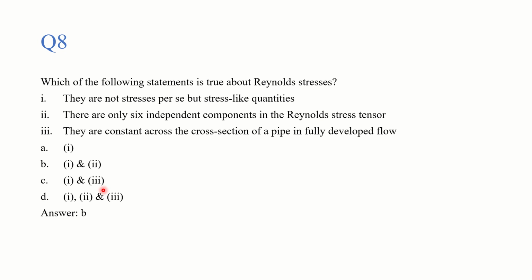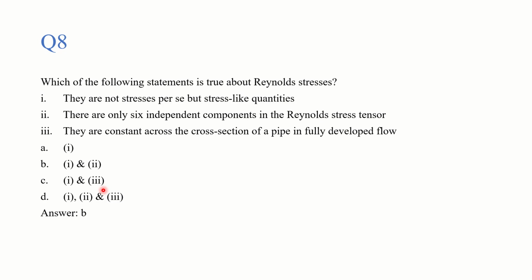When the Navier-Stokes equations are decomposed into an average while dealing with the turbulence quantities, what we do is replace the instantaneous ones with the time averaged ones plus the fluctuating quantities, right? So in that case, when the advection term comes into the picture, Reynolds stress comes. So they are not stresses, but they are like stress-like quantities.